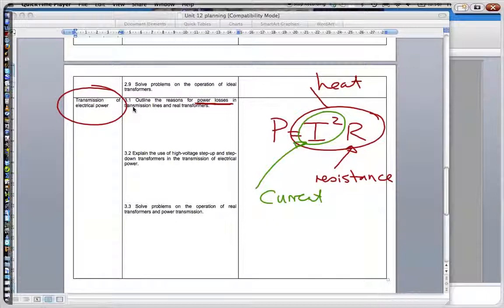And so in electrical supply, the underlying principle is that when we are transporting electricity, we make the maximum voltage and a minimum current for the transportation.